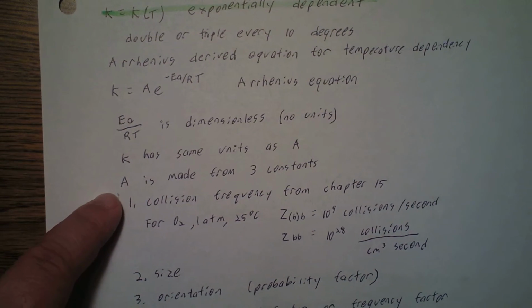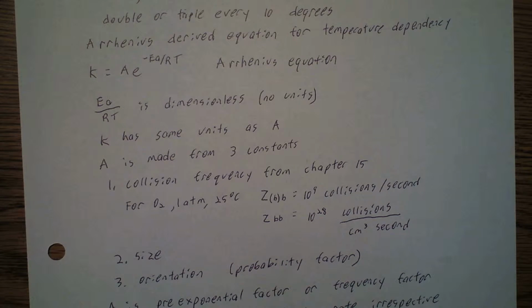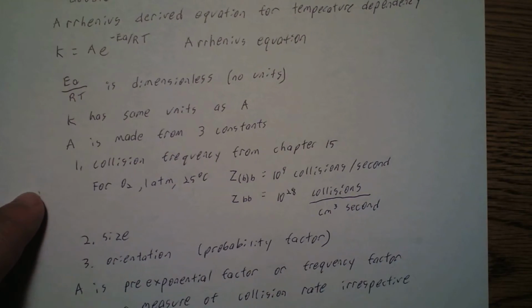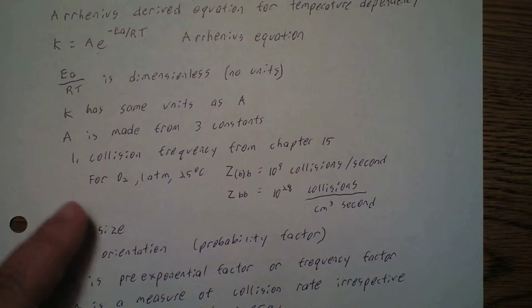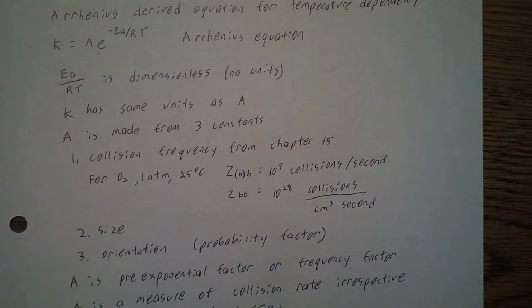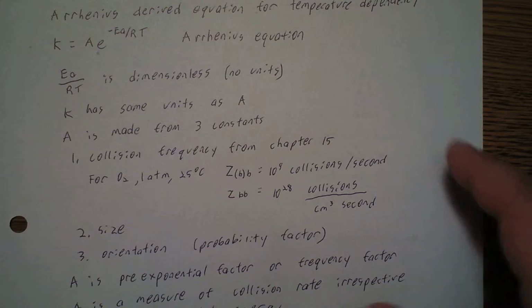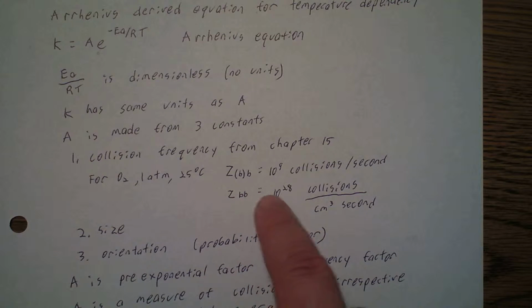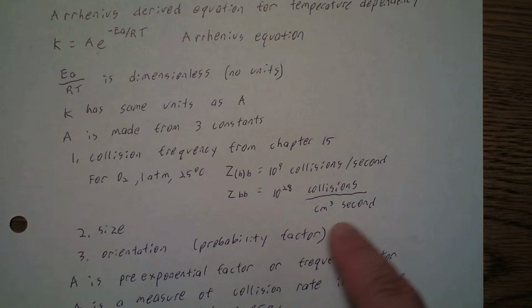A is actually made from 3 constants. The first is the collision frequency that we talked about in chapter 15. For diatomic oxygen at 1 atmosphere and 25 degrees Celsius, we say Z_BB is equal to 10 to the 9th collisions per second, or Z_BB is equal to 10 to the 28th collisions per centimeter cubed per second.